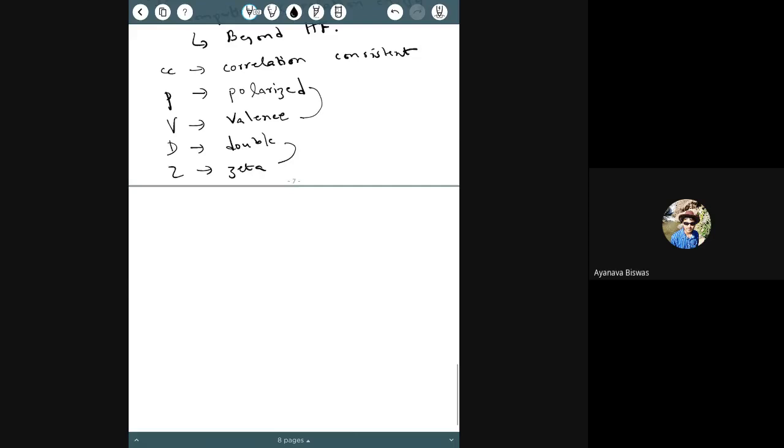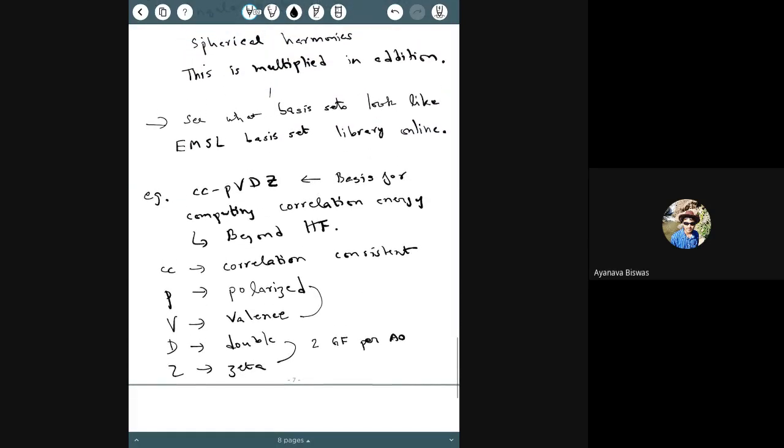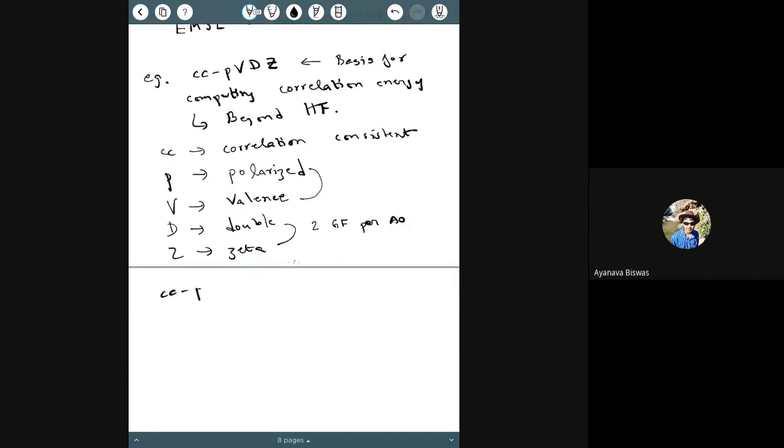And double zeta goes with it. It means that there are two Gaussians per AO. Earlier it was called NG, remember, and double zeta again means the same thing. Equivalently, you can have a cc-pVTZ.